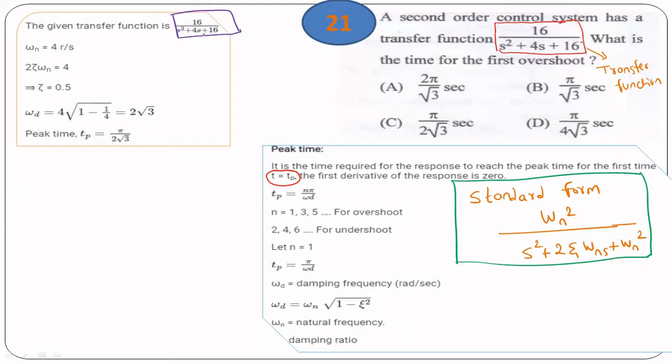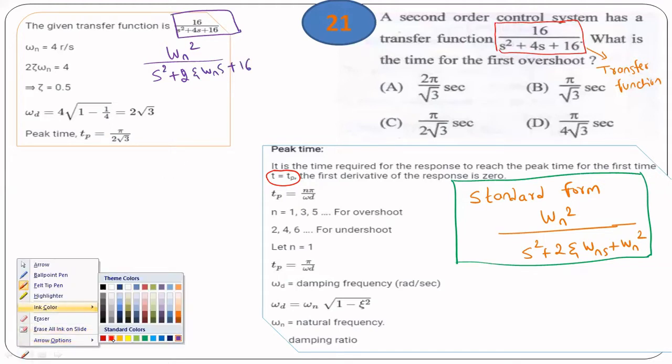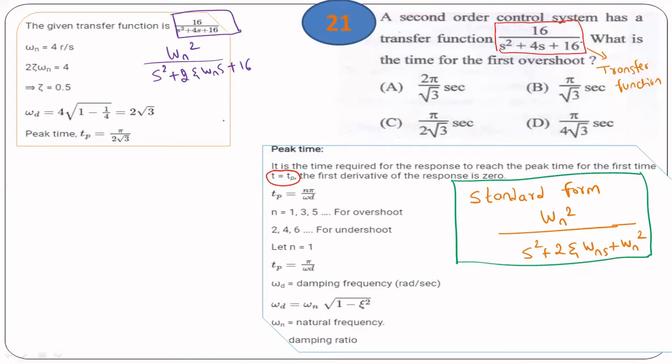Now if we compare this equation with omega n square divided by s square plus 2 zeta omega n s plus omega n square, simply by comparing these two equations, we can write that 2 zeta omega n s is equal to 4s, and omega n square is equal to 16.